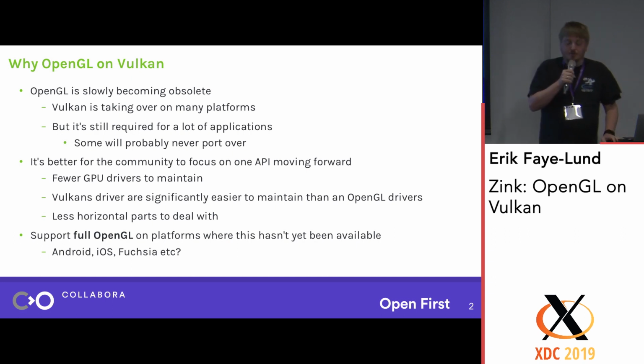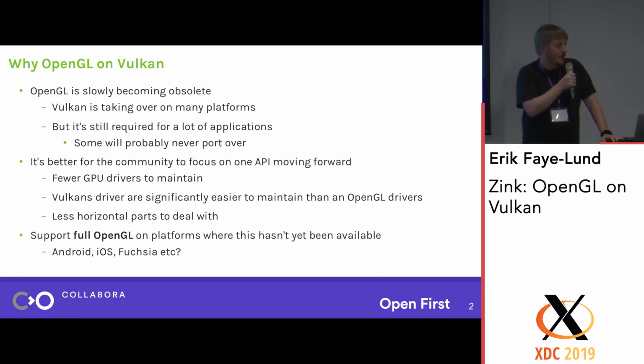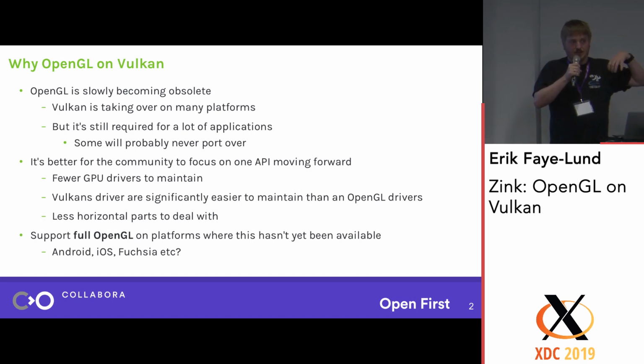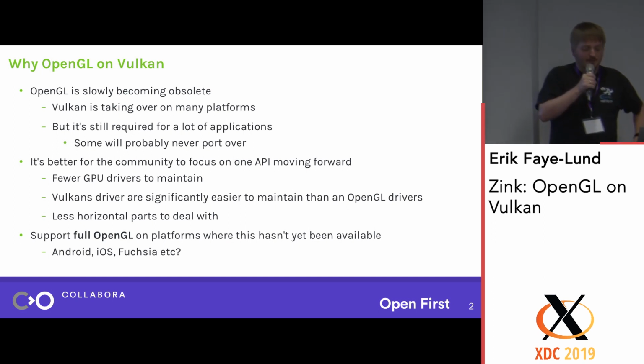It's also better for the community to focus on one API going forward. There are fewer GPU drivers to maintain, and maintaining a Vulkan driver is significantly easier than maintaining an OpenGL driver. It also simplifies the parts that need to fit together in the software stack.